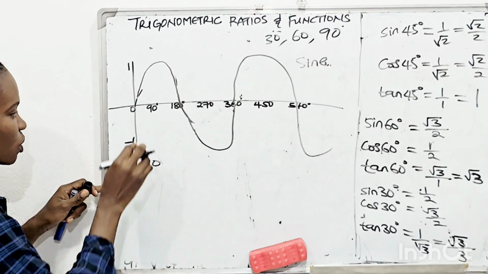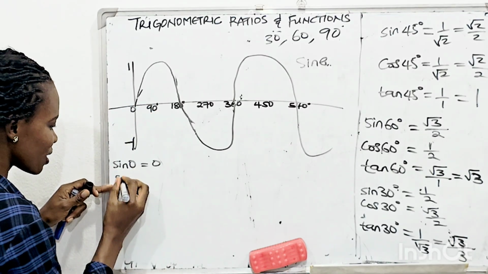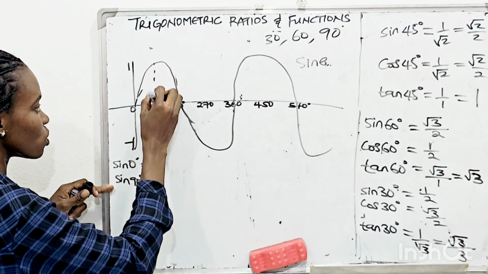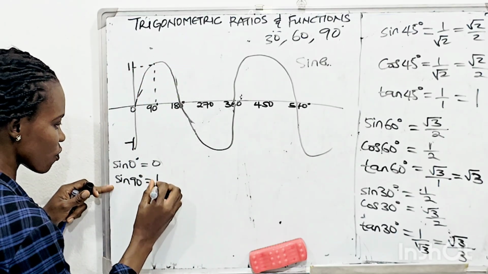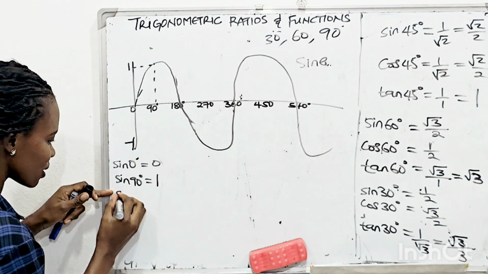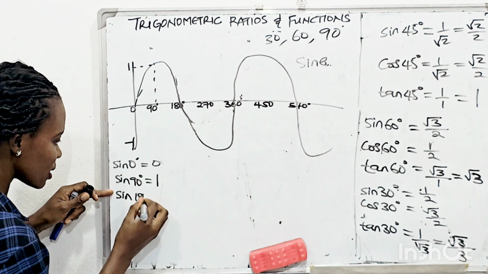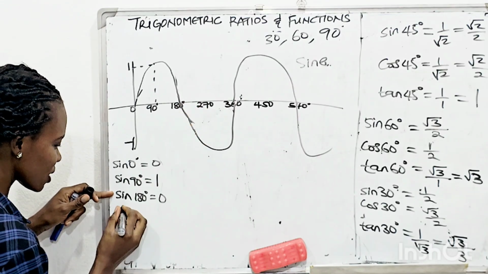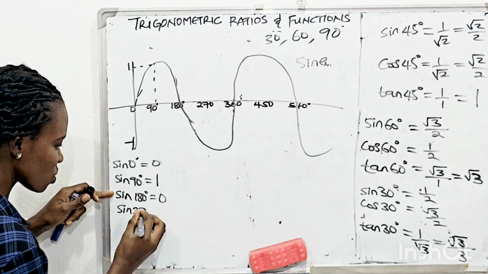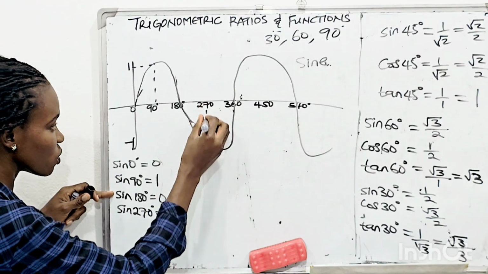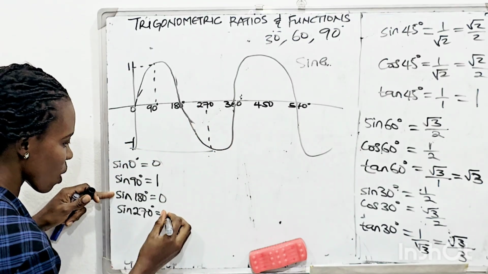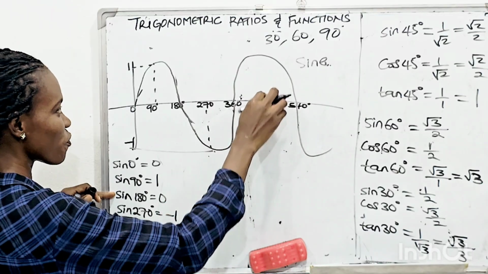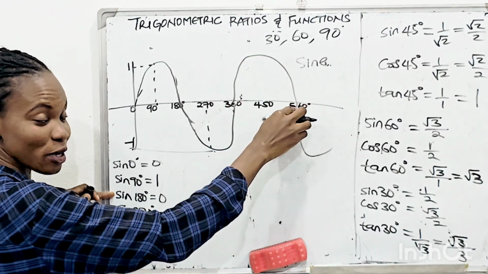At 90, sine 90 is equal to positive 1. At 180, sine 180 is equal to 0. At 270, sine 270 degrees is equal to -1. At 360 is equal to 0. At 450 is equal to 1. At 540 is equal to 0.